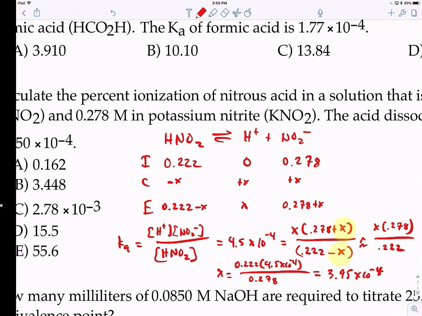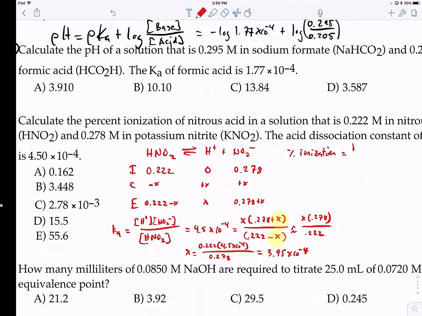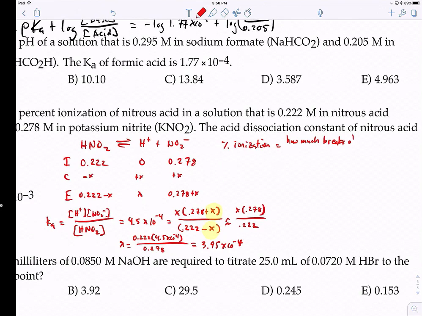Okay. So now, so what? That's how much it's dissociated. So the percent ionization is equal to how much breaks off over the original times 100%.